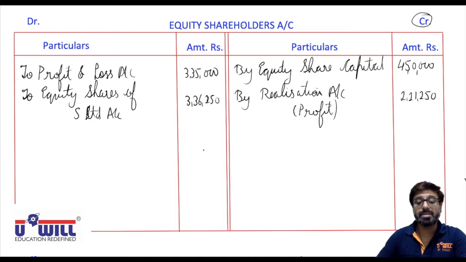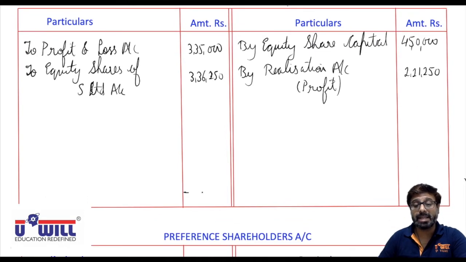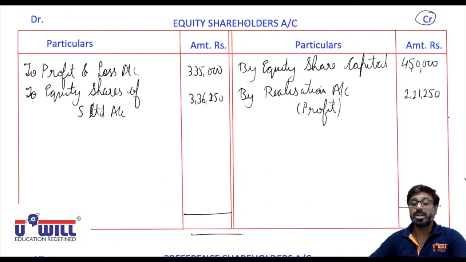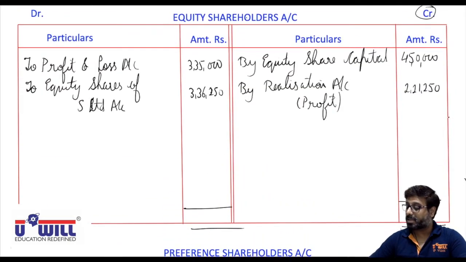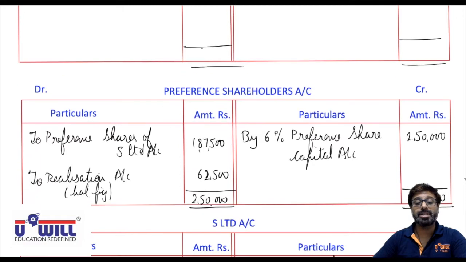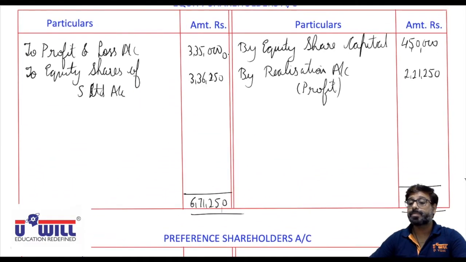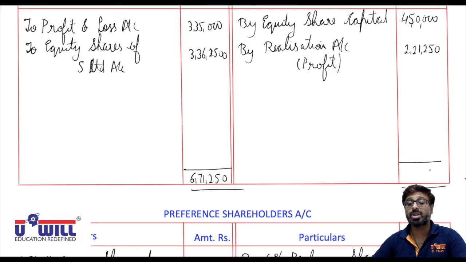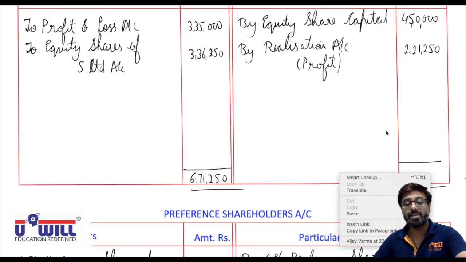And after this, equity shareholders must tally, all accounts must get closed. So 3,35,000 plus 336,250 comes to 671,250, and credit side 4,50,000 plus 221,250 also comes to 671,250.